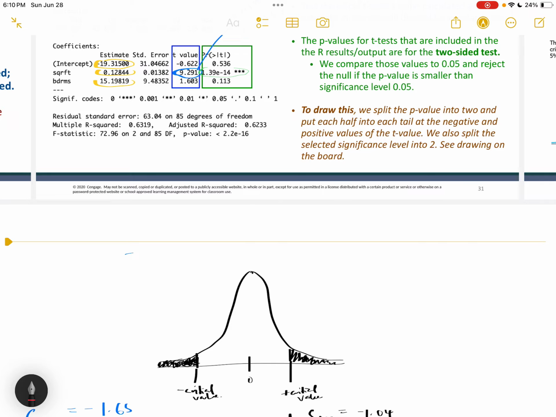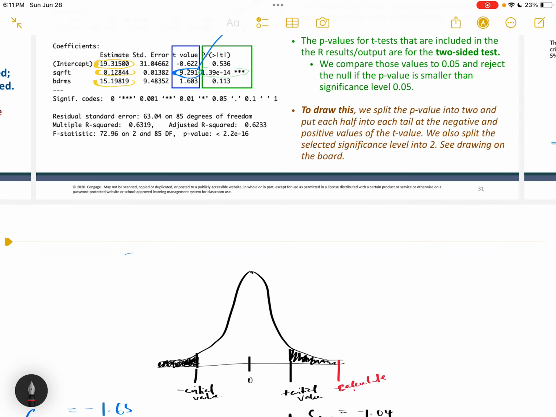Now, when the p-value connected to one of your coefficients is super small, that means it sort of sits here, right?